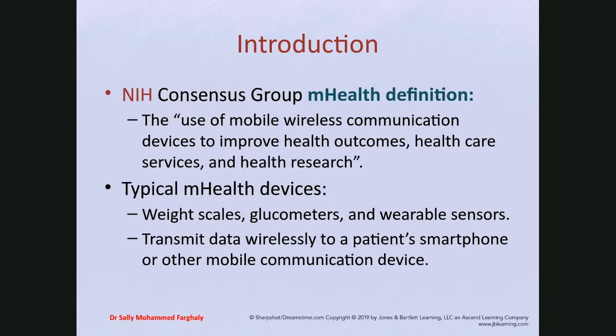Also to transmit the data wirelessly to the patient's smartphone or other mobile communication devices. كمان بتساعدني ال mHealth devices دي إن هي بتنقل الوايرلس information الموجودة على السمارت phone of the patient and to the other communication devices زي ما اتفقنا إن هي تfill in the electronic health record.